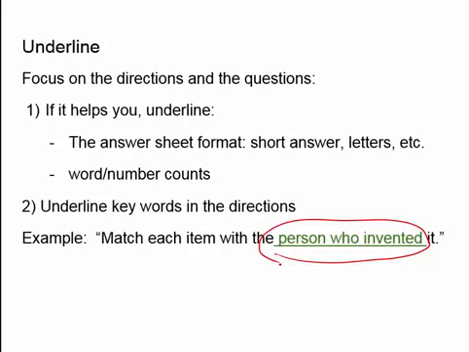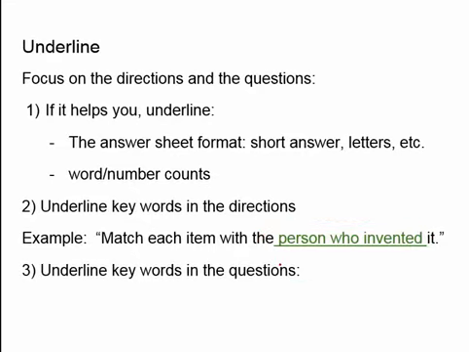You are going to search for people who invented things. So your answer is going to be a person, and that person is going to be an inventor. And that's the key information that you will need to search for in the passage to answer each question in this series of questions. Your underlining allows you to remember that and stay focused on that task alone.